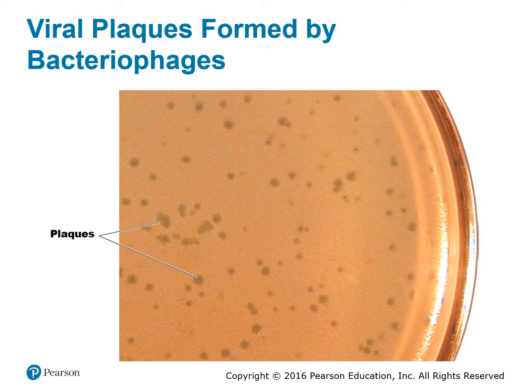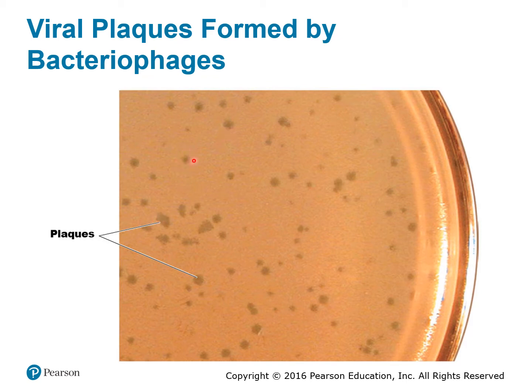So if we have a nutrient agar plate with a lawn of bacteria growing on it, and bacteriophages were added to it, you will notice some clear plaques right here. And you can refer to them as just plaques or plaque forming units.